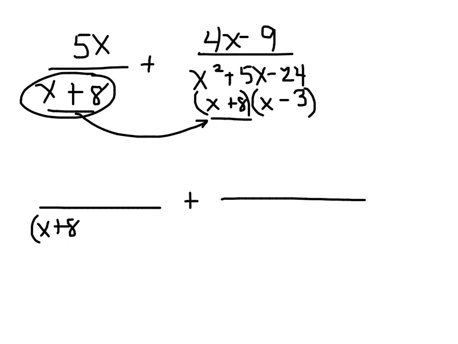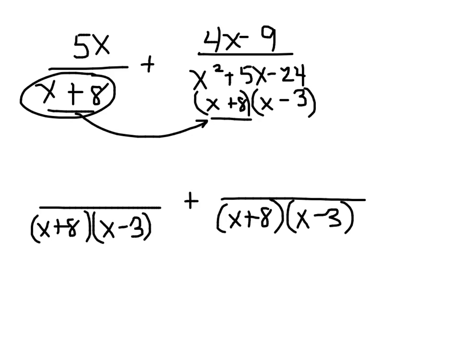Do I need to write another x plus 8? No. But I do need to write x minus 3. Now, have I gone through all the denominators? Yeah. Do I have any pieces that I don't have up there yet? Or am I good? You're good. So then x plus 8, x minus 3.